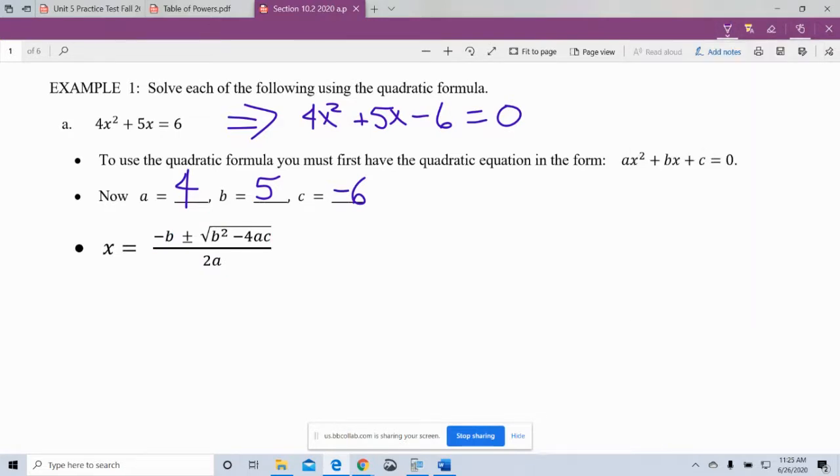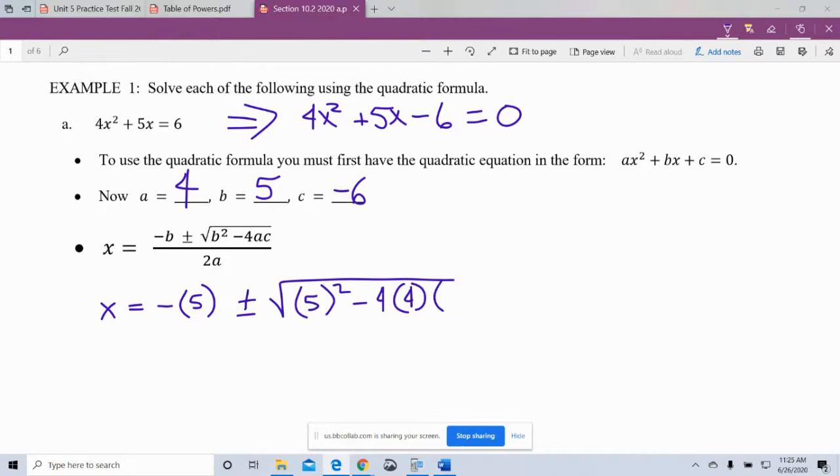Okay, so when I substitute in, here's what it's going to look like. I'm going to have x equals the opposite of b, which means the opposite of 5, plus or minus the square root of the b, which is 5 being squared, minus 4 times the a, which is 4, times the c, which is negative 6.